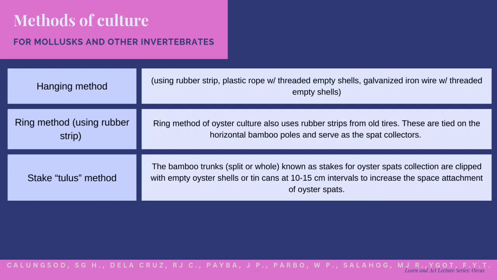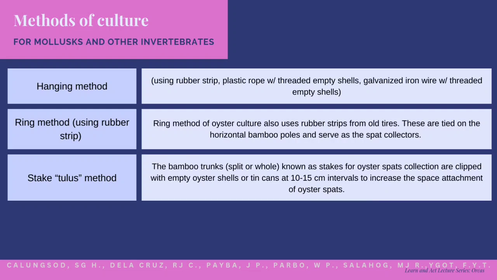The stake method, also known as the Toulouse method, uses bamboo trunks, either whole or split, which are staked into the seabed. Empty oyster shells or even tin cans are attached to these bamboo stakes, spaced about 10 to 15 centimeters apart. This provides additional surface area for the oyster spot to attach to.